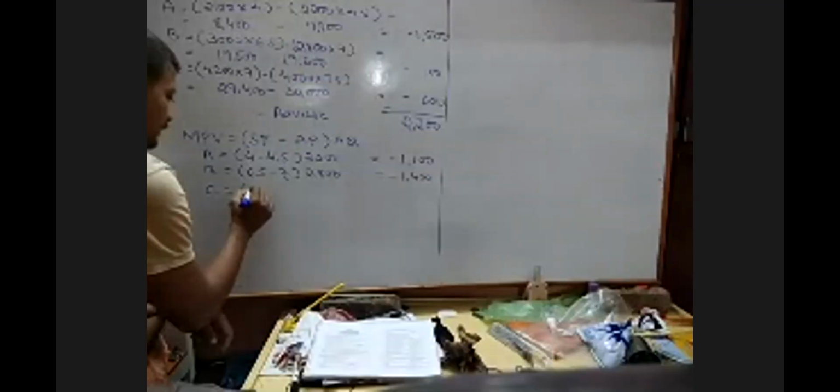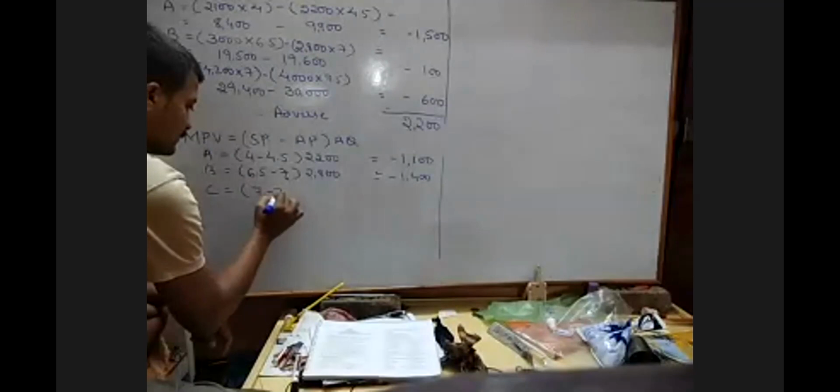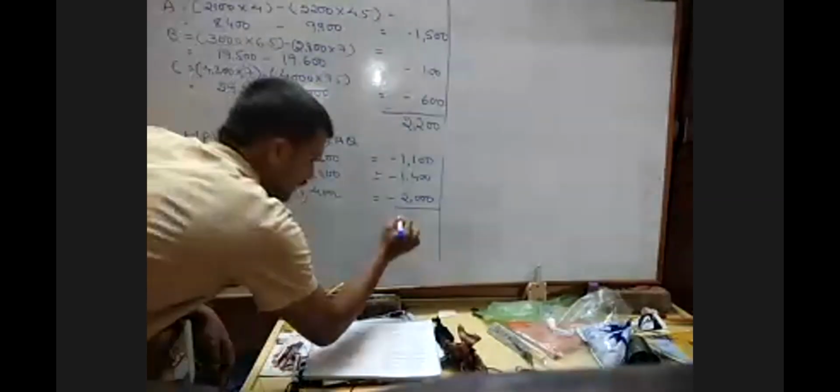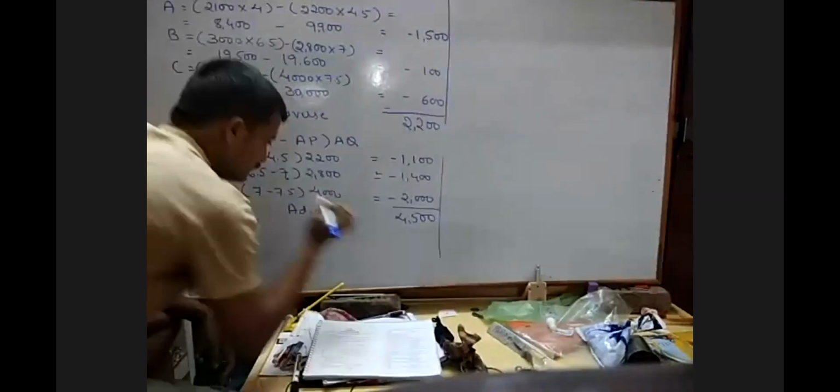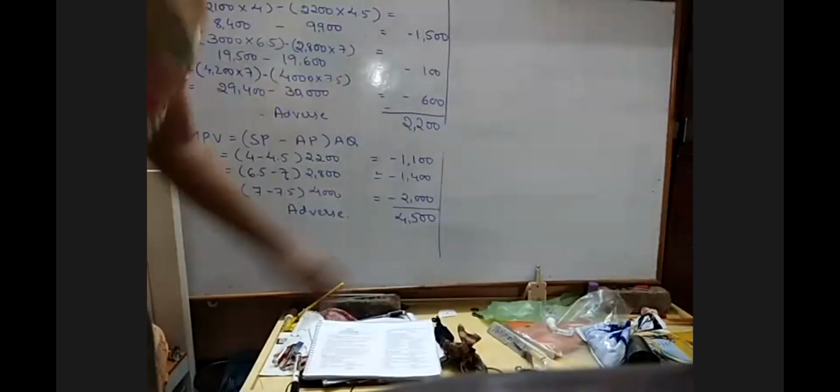And the last one is 7 minus 7.5 multiplied with 4,000, which is minus 2,000. Hence, the total will be 4,500 adverse, or you can call it unfavorable. Done? Yes, sir.